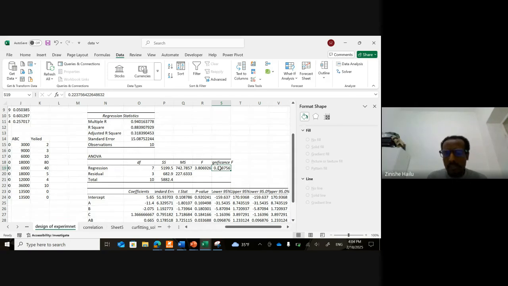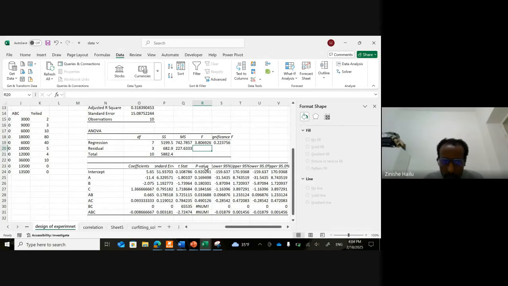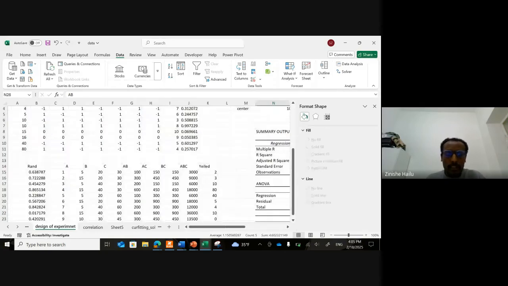The result is not significant, but statistically here, all except the interaction effect between A and B. A and B, in a sense, the time and temperature, very significantly affect the yield of the popcorn. It's significantly important for this one in this case.